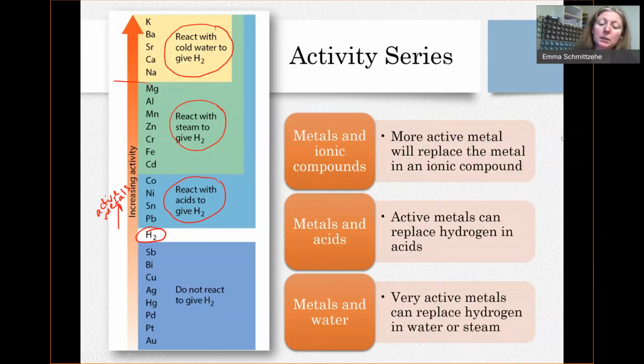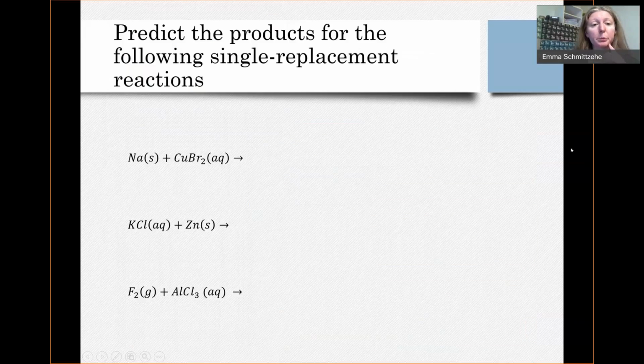So let's do a couple examples of predicting products for our single replacement reactions. This first one I have a metal, so sodium reacting with copper(II) bromide. It's helpful if you just think about that standalone element.